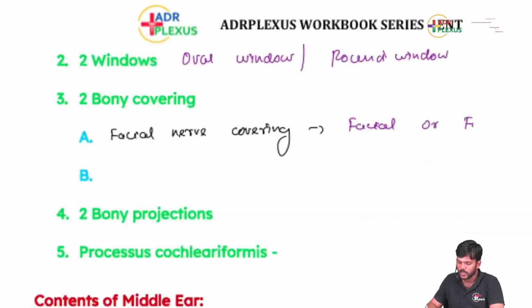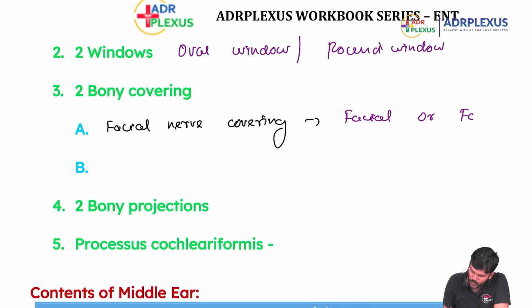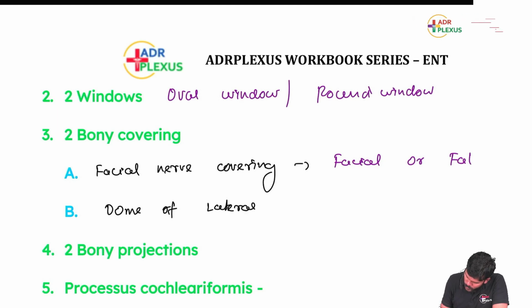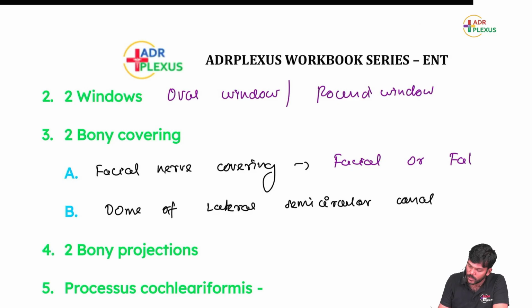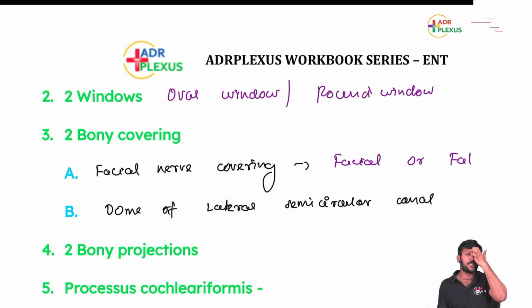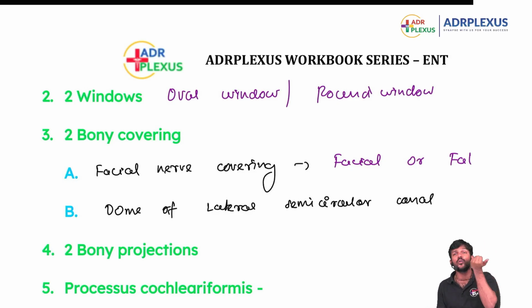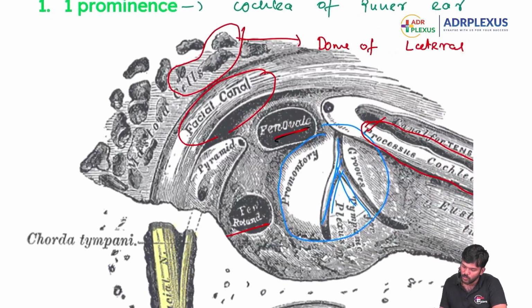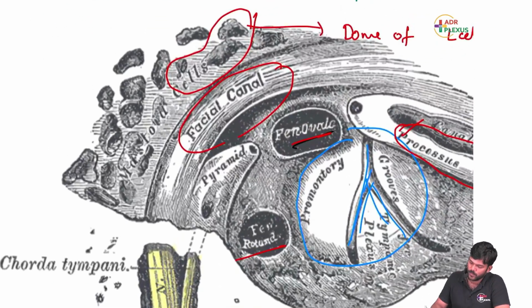So what are the next bony coverings? Dome of lateral semicircular canal. What are the two bony projections that you will see? See here, I have two bony projections.